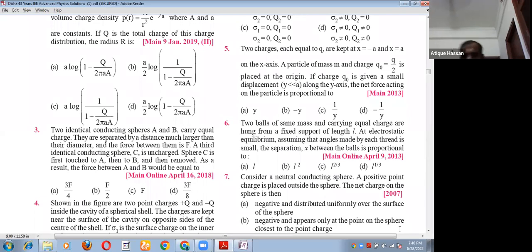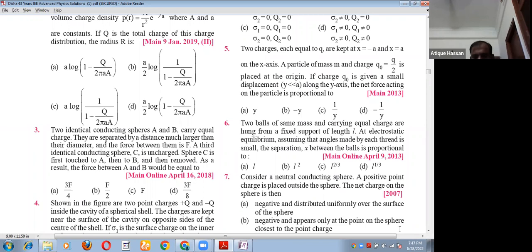It is saying that two balls, I will explain it through a diagram. It is saying that two balls of same mass and carrying equal charge are hung from a fixed support of length L. At electrostatic equilibrium, assume that the angle made by each thread is small. The separation x between the balls is proportional to what?